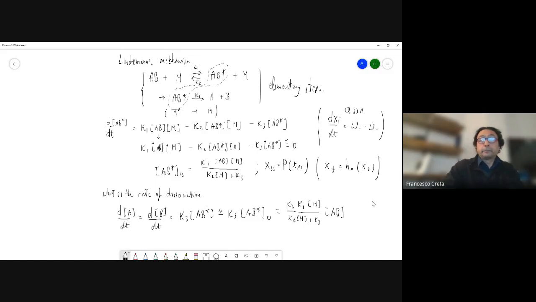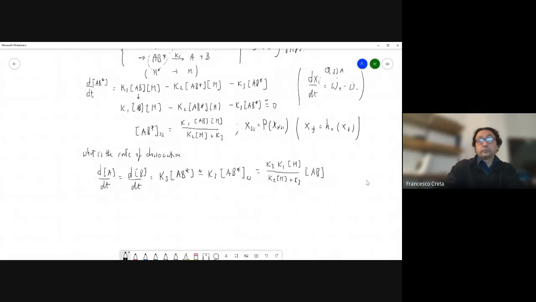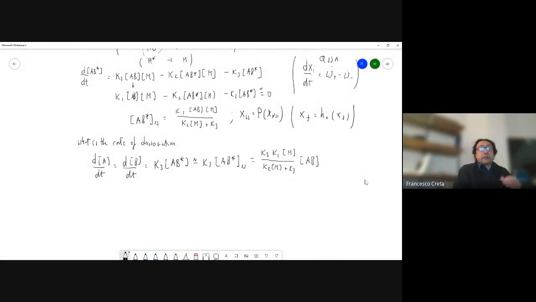Now, why is this very useful? Well, we have the rate of formation of the dissociated products, which is the rate of dissociation of AB, okay, equals, well, a group here, which we can call, for example, a global K, times AB.